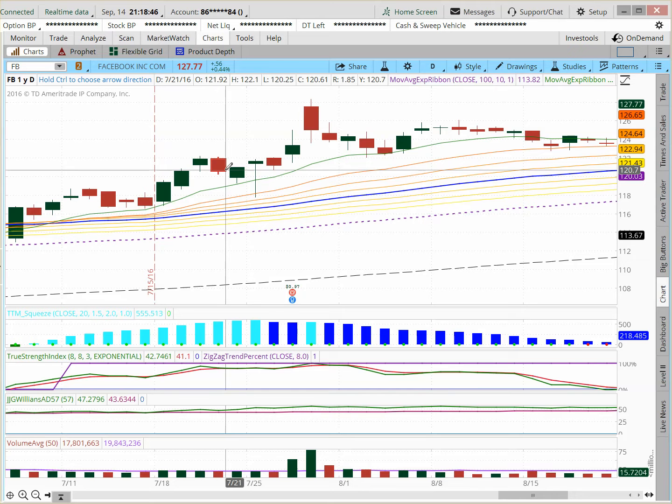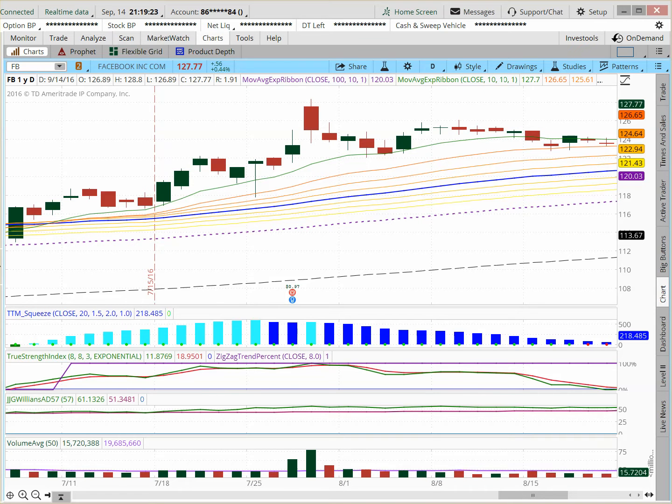And because it is a down close, it is represented with a red candlestick. Again, you have your tails above and below, meaning that the below tail, the low for the day was 120.25, and the high for the day was 122.10.